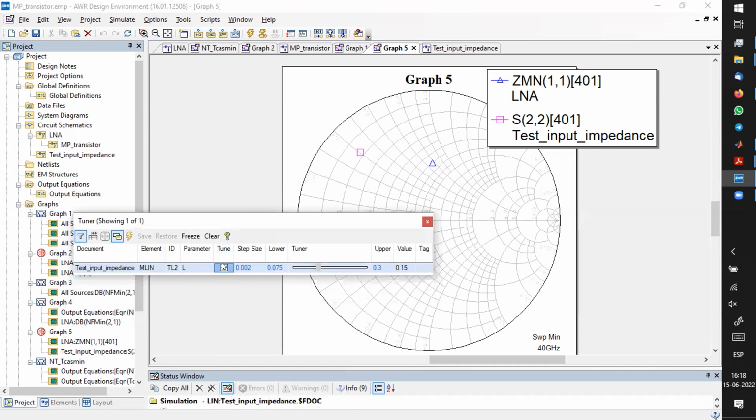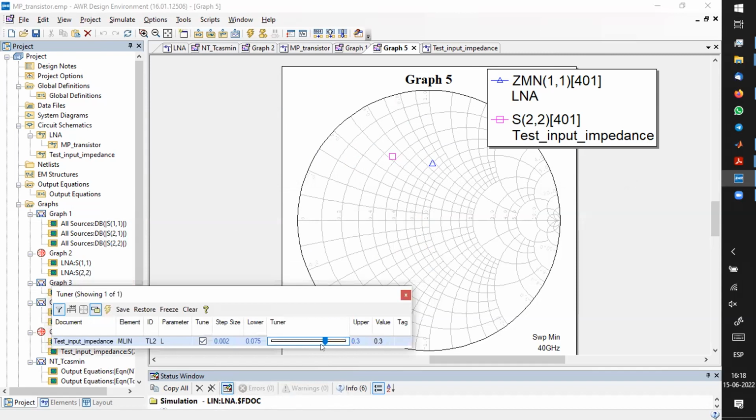But if you make it a bit longer, it's a shunt inductor. So whoa, yeah. Finally, it will go to the middle of the Smith chart. Okay, there we are.